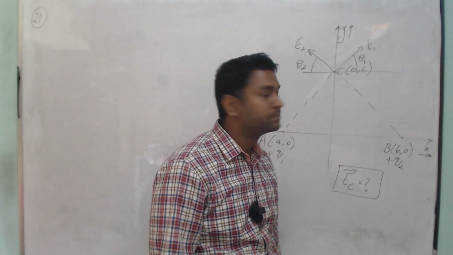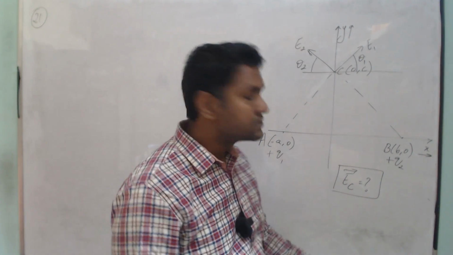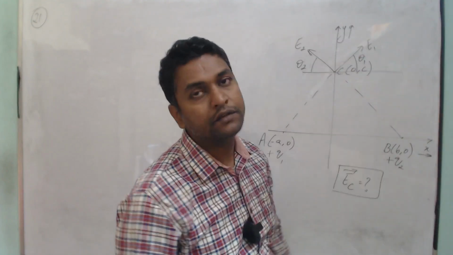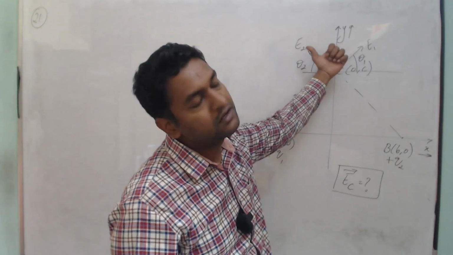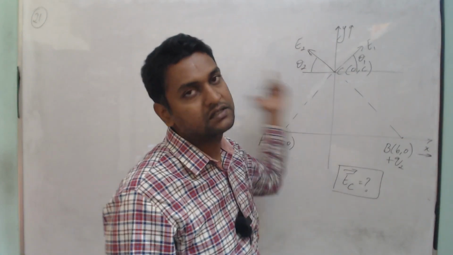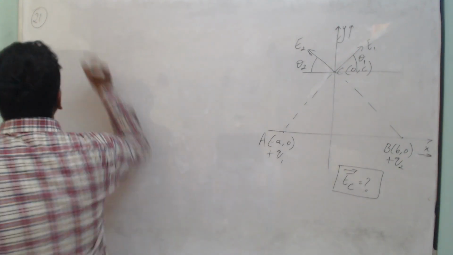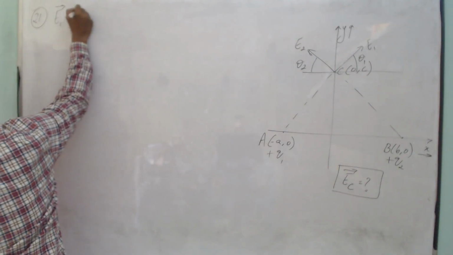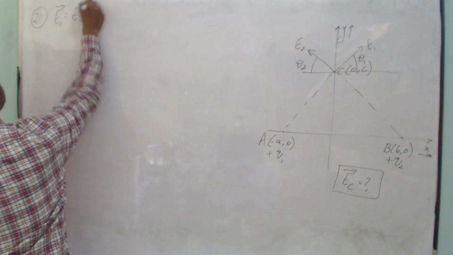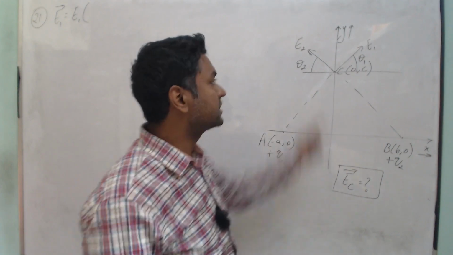The values of theta 1 and theta 2 can be anything. Let the angle made by E1 with the positive x-axis be theta 1, and the angle made by E2 with the negative x-axis be theta 2. Now let us write the vector form of these in terms of i cap and j cap. So E1 bar is equal to magnitude E1. How will I denote the unit vector making an angle theta 1 with the x-axis?